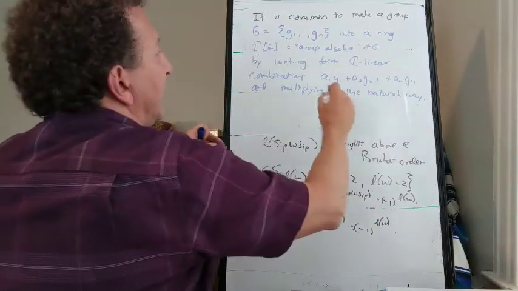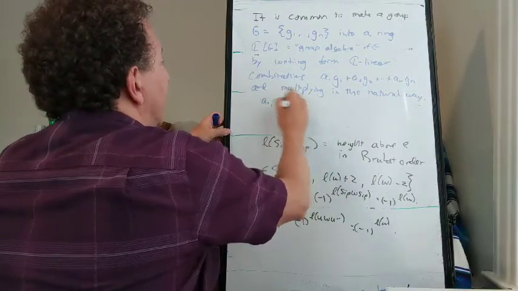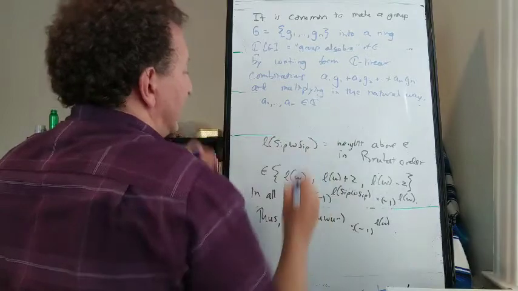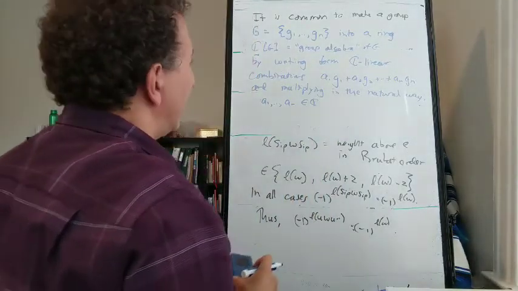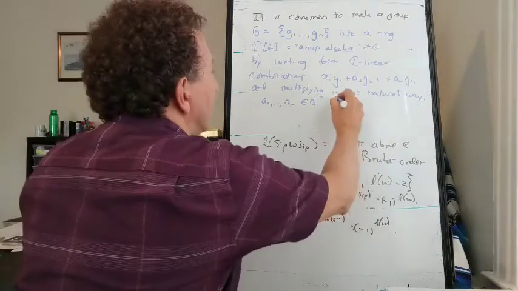So I'm thinking of A1 through AN as complex numbers here. And I guess we add in the natural way too.